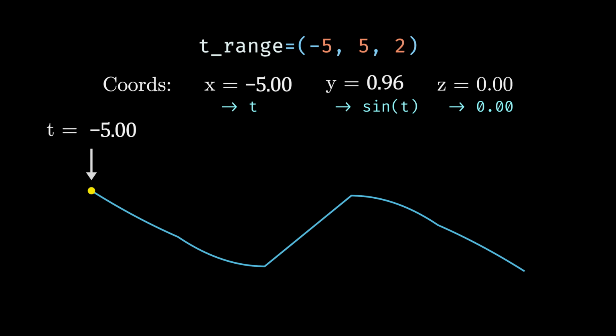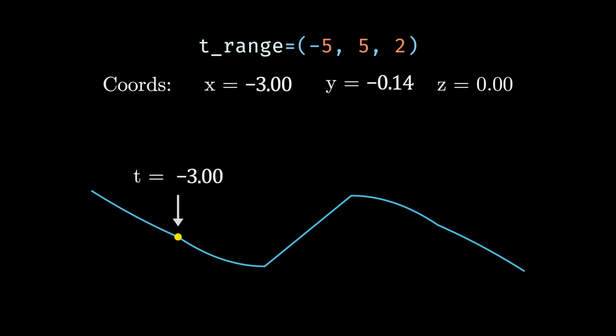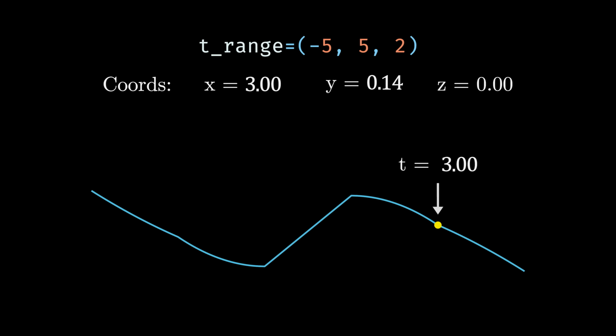In the same way, at t equals -3, x is -3, and y is -0.14, and so on. Z would be 0 throughout the journey.